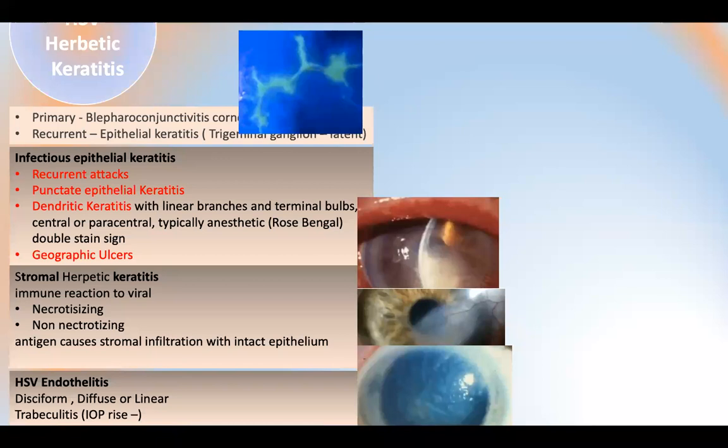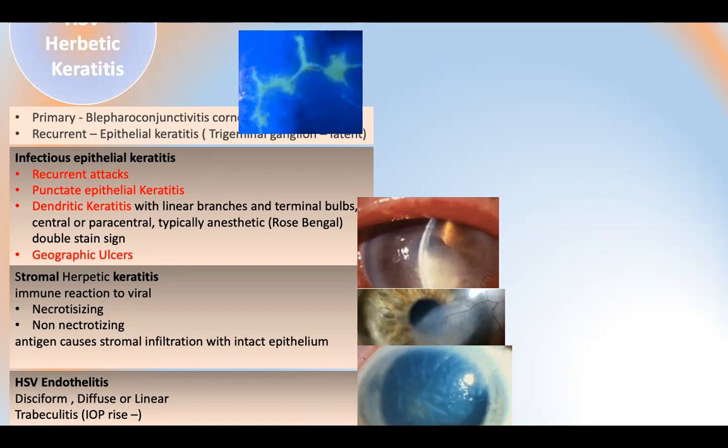Usually it is located central or paracentral. So again, when we comment on any infiltrate or any ulcer, we should comment on the shape, the size, the location, the color.